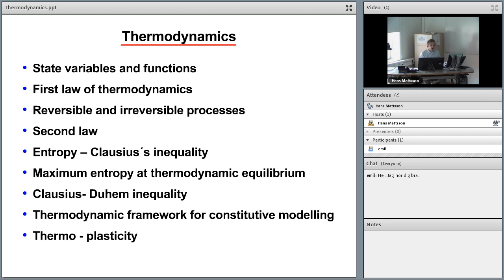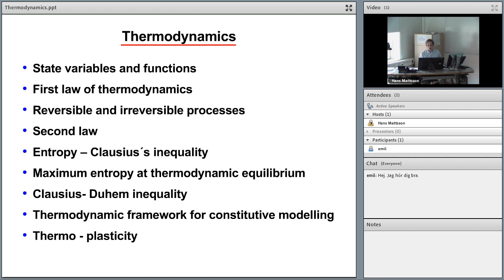To understand that, you have to read through chapter 20. After that, in chapter 21, we have this thermodynamic framework for constitutive modeling. And in chapter 22, we are discussing different constitutive models based on the thermodynamical framework. And in chapter 23, we have thermoplasticity. So it's quite many chapters, and the content is quite demanding, I would like to say.